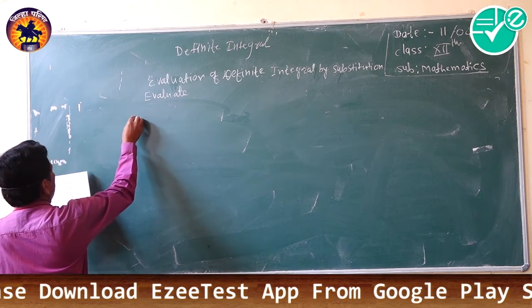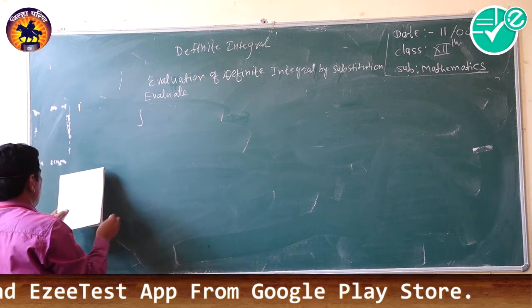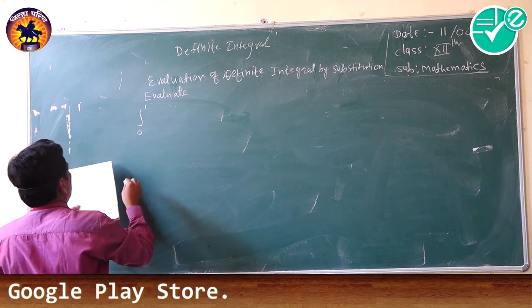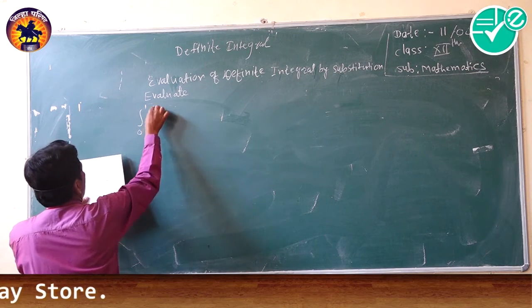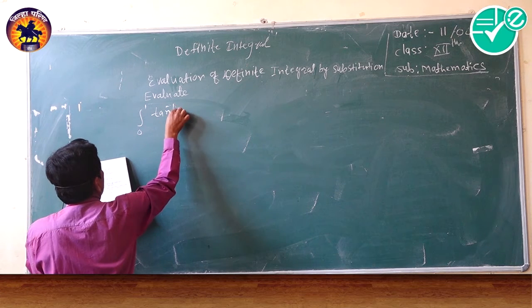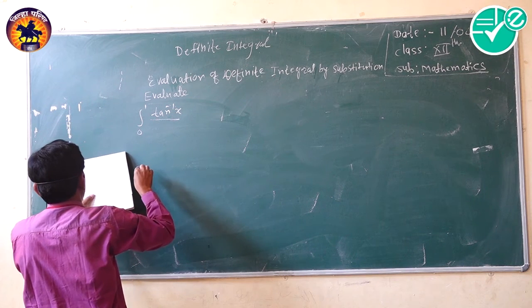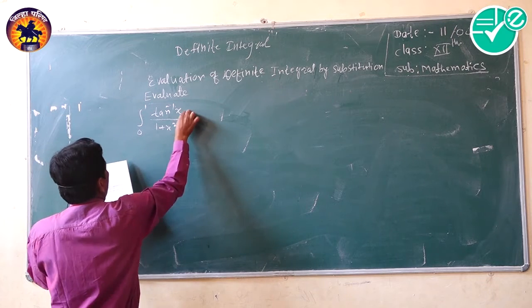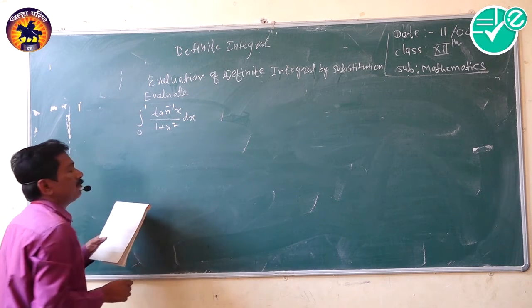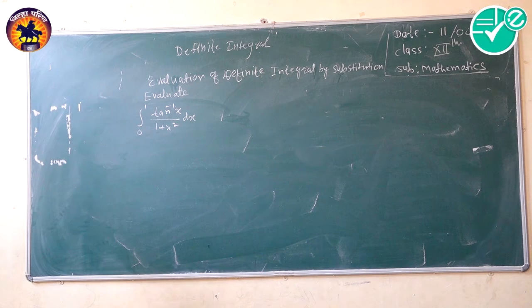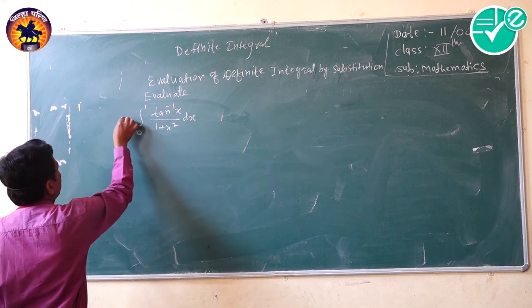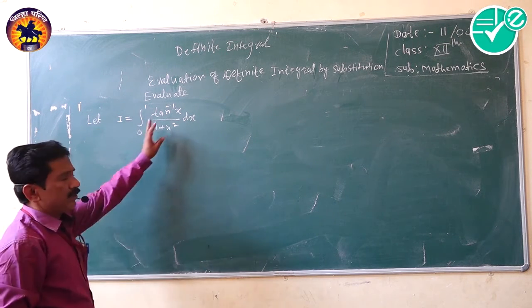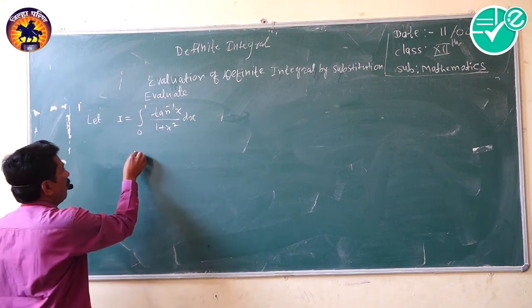Evaluate integration from 0 to 1, tan inverse x upon 1 plus x square dx. Let I is equal to this.